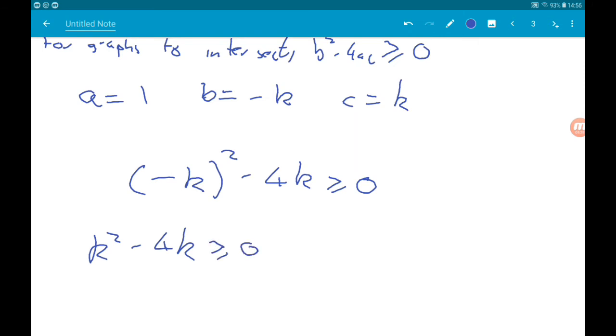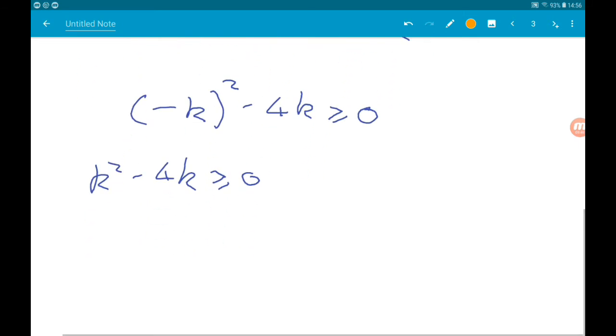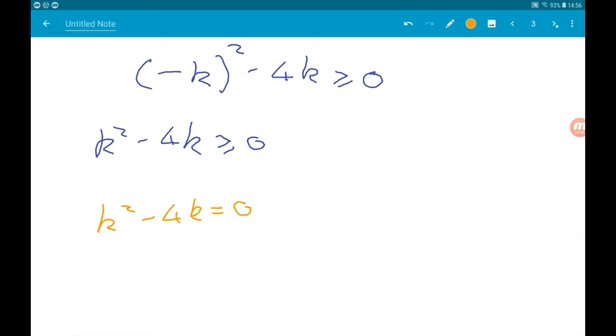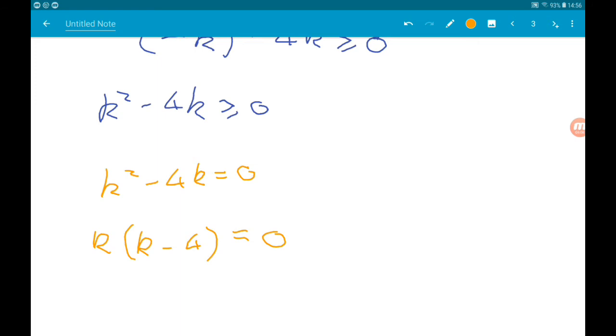Now, if we think about this now as an equation equal to 0, it factorizes to k times k minus 4 is equal to 0. So that tells us k is equal to 0 or 4.